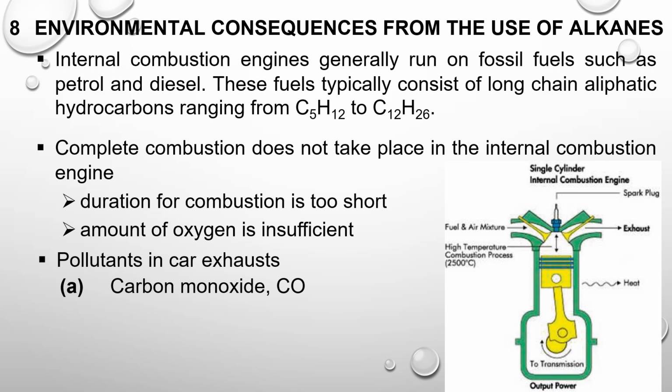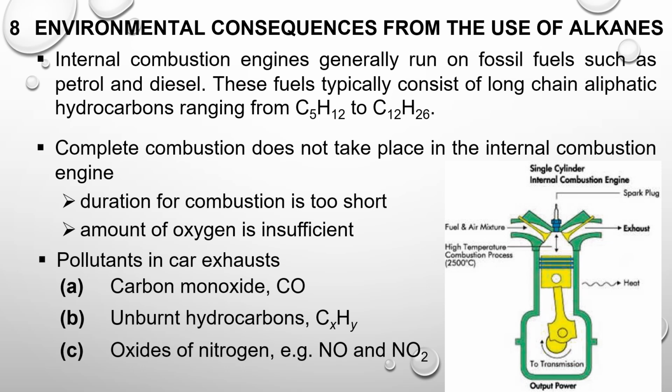Some of the pollutants, for example, are carbon monoxide, unburned hydrocarbons, or oxides of nitrogen. So all these are undesirable car exhaust that is happening inside the internal combustion engine.